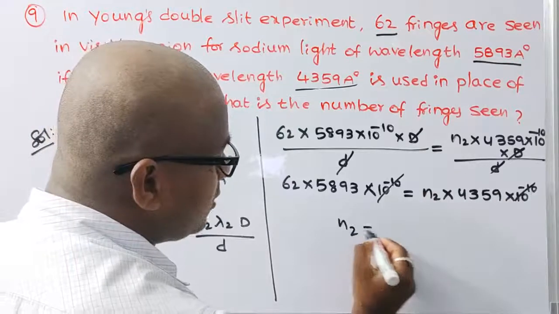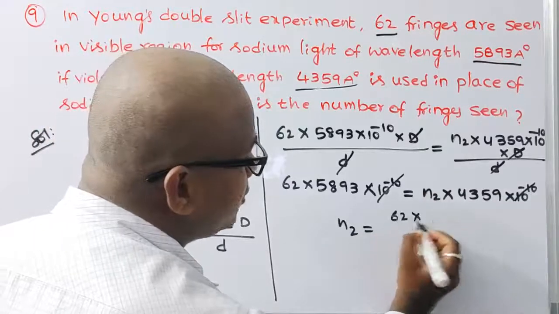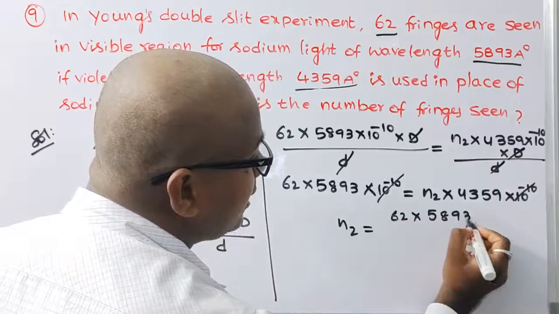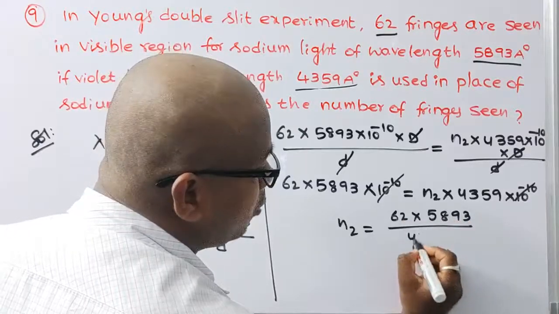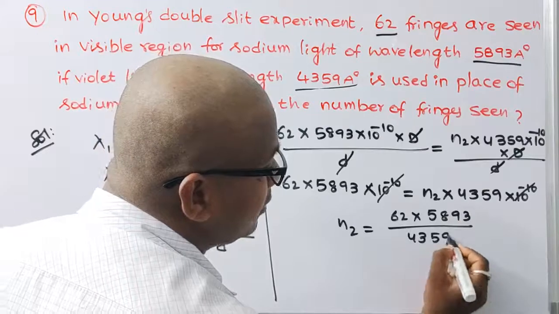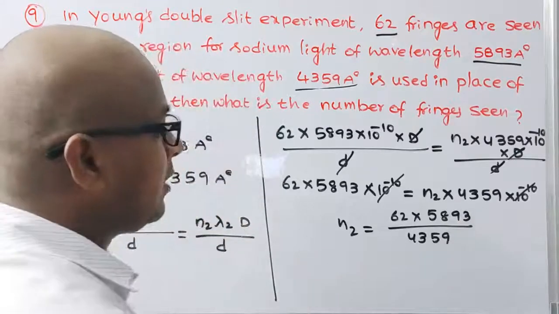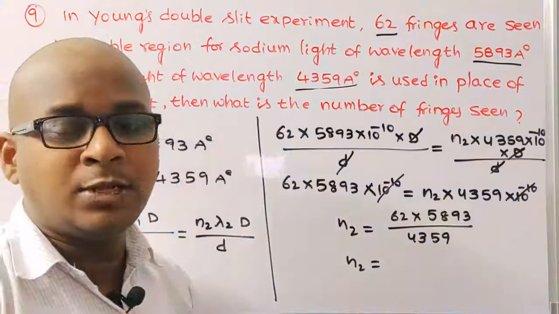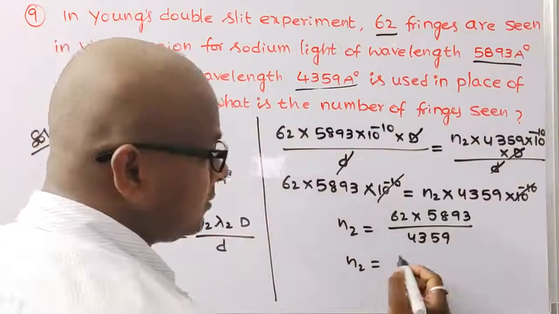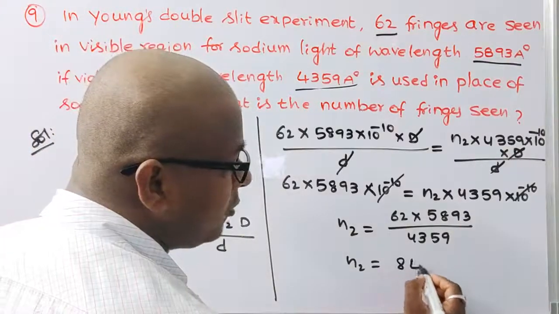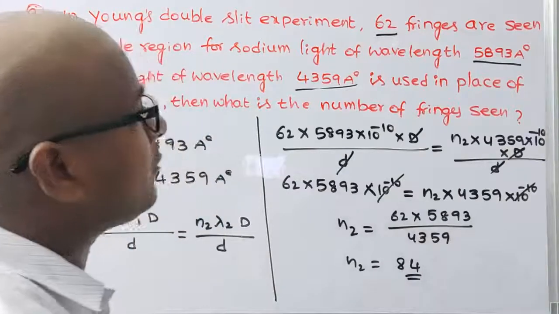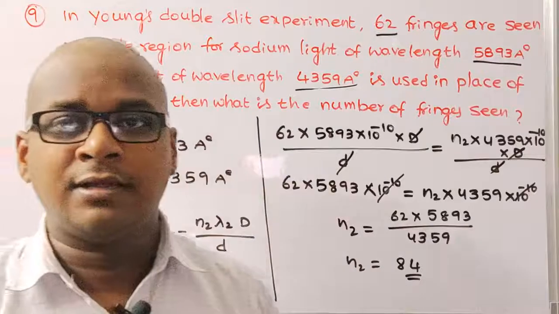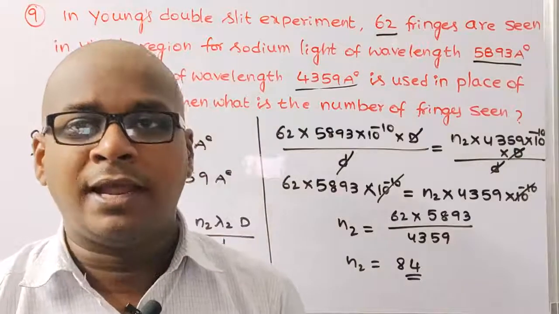Remaining n2 is equal to 62 into 5893 divided by 4359. After this calculation, n2 is equal to 83.8, approximately 84 fringes are seen in the violet light region in place of the sodium light wavelength.